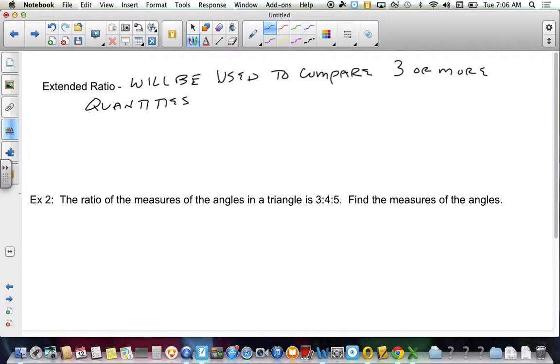So a regular ratio, we compare two quantities. Extended ratios we use if we want to compare three or more quantities.